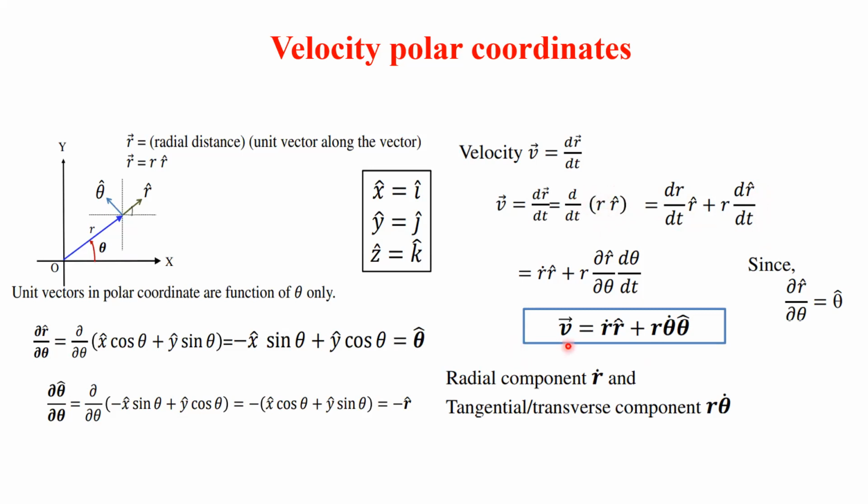So you get the velocity vector V equal to R dot R cap plus R into theta dot theta cap. Therefore, R dot is the radial component of the velocity vector, and R into theta dot is the tangential or transverse component of the velocity vector.